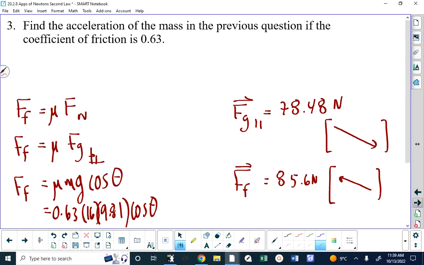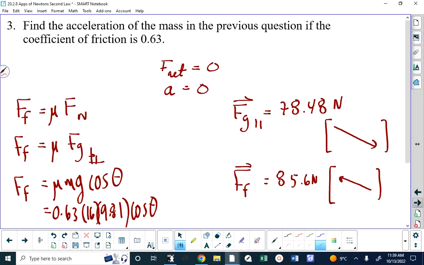No. Nothing happens until the force that's trying to move the object meets or exceeds the force of friction. So if the force of friction is more, the net force is 0, which means the acceleration is 0, which means it doesn't slide.